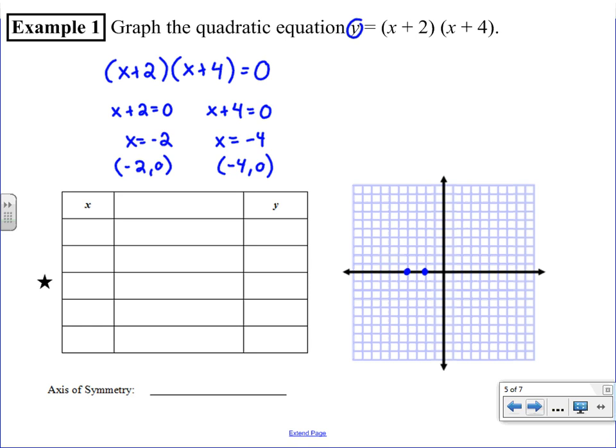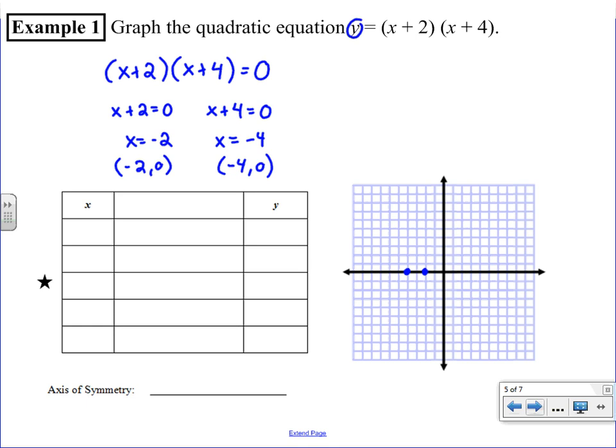Now back in our factoring unit, we would graph zeros and we kind of just made a brief sketch. It didn't have a lot of detail, but we did talk about how to find the vertex. And hopefully you remember that the vertex is located right in the middle of the zeros. Now from our last lesson, we also noted that the axis of symmetry is right in the middle.